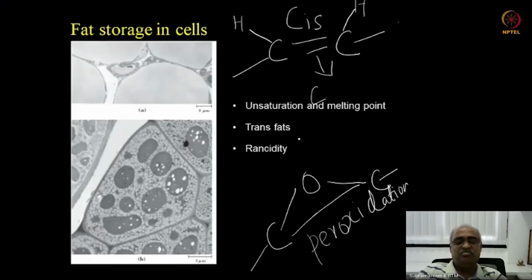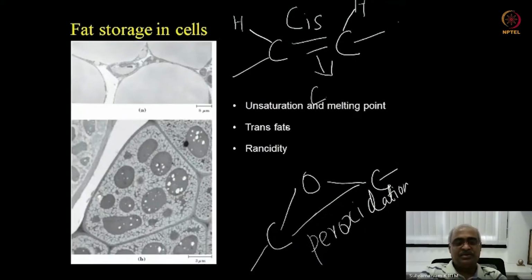Similarly, when you buy bread, read the label, make sure that it is trans fat 0. If you go to a local bakery, a regular non-branded local bakery, they make everything using hydrogenated vegetable oil, because that's what makes their products smell good, feel good, taste good, store long, all of that.